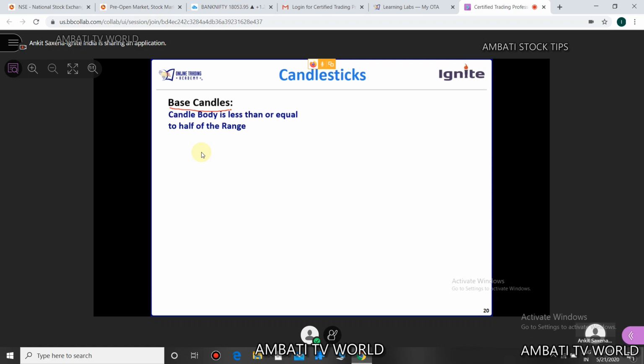Now, let's see the base candles. Candle body is less than or equal to half of the range. I'm sure everyone is clear with what is body and what is range. Is there a confusion? Tell me what is body and what is range. I want an answer from all the 105 participants here. What is the formula?